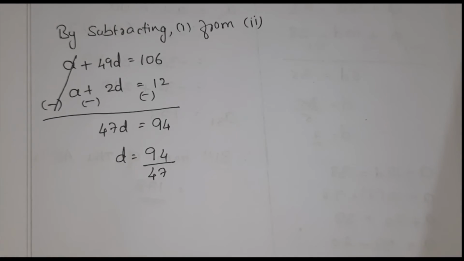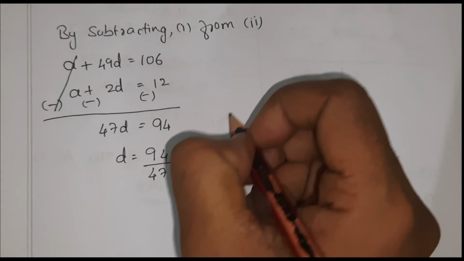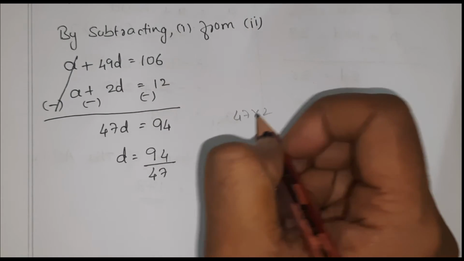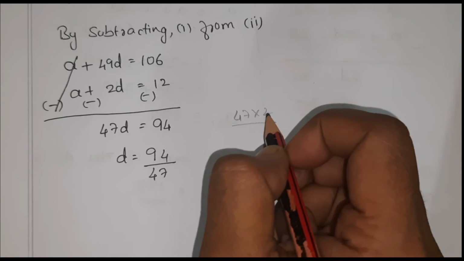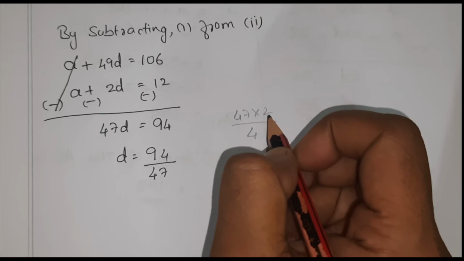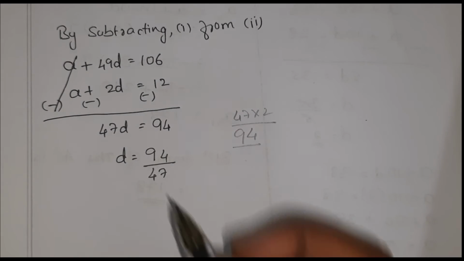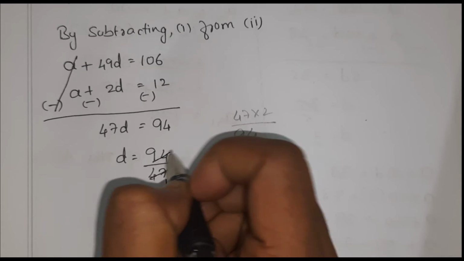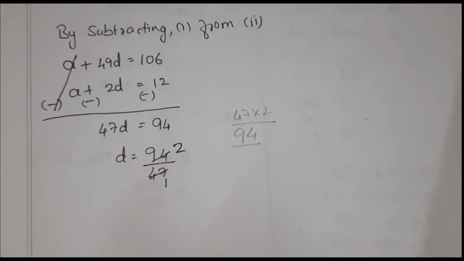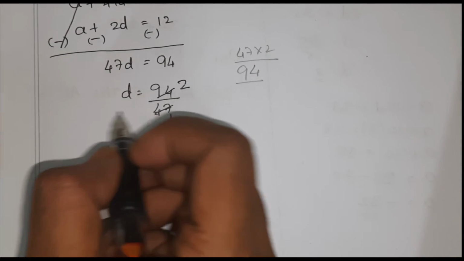Here 47 into 2, we get 94. So 47 ones are 47, 47 twos are 94.